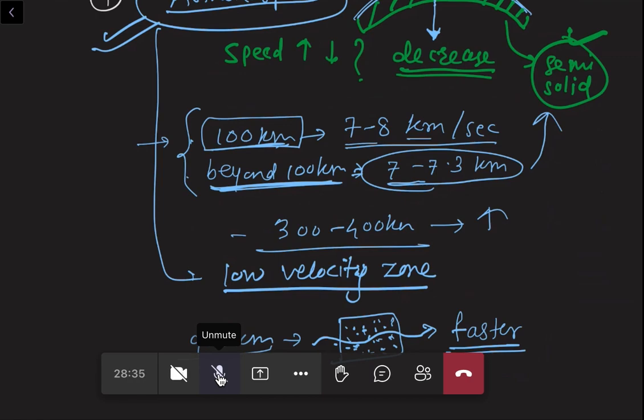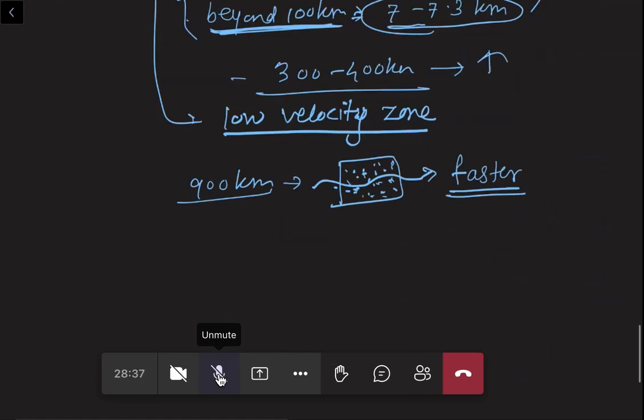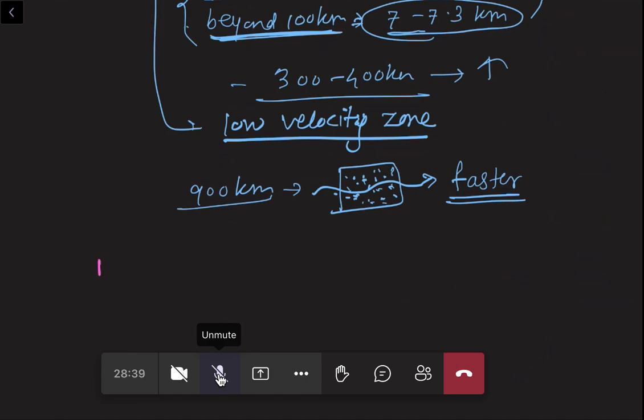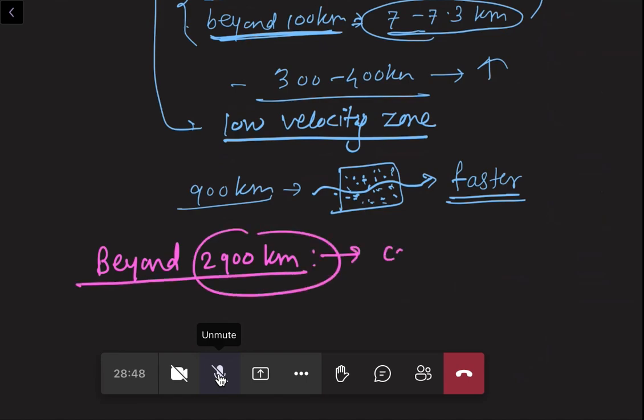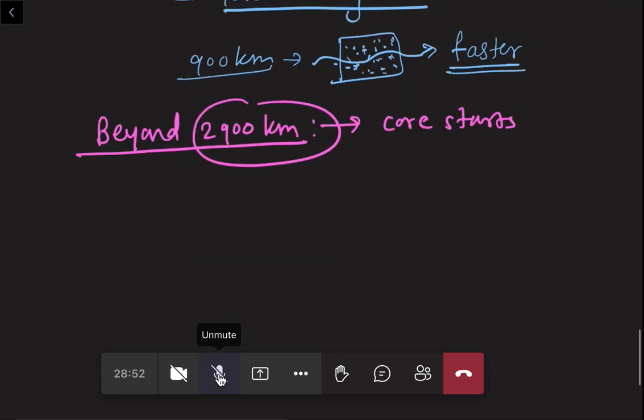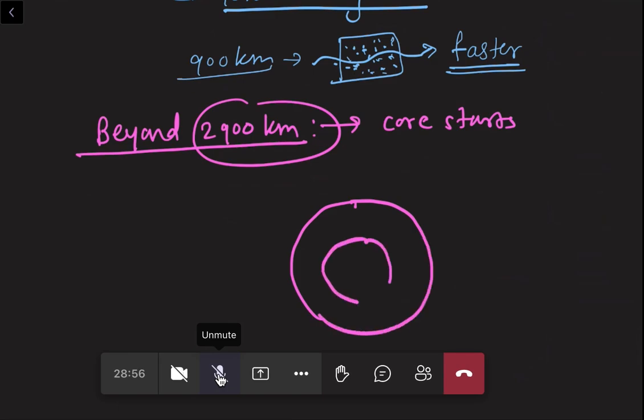Okay, now beyond 2900 kilometers, what is happening? What is 2900 kilometers? From here, the core starts. Beyond 2900 kilometers, the outer core starts.